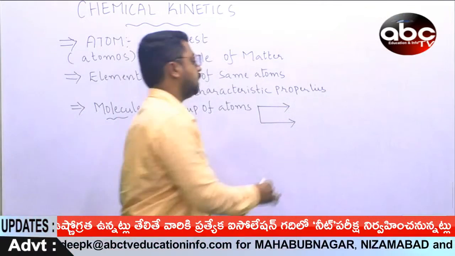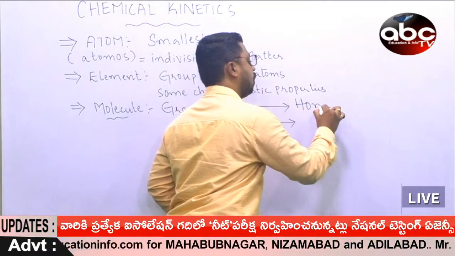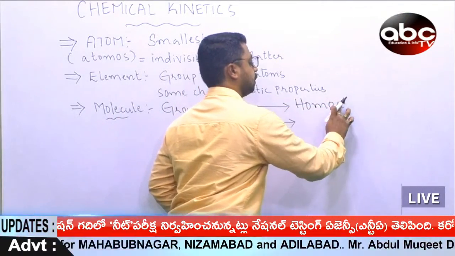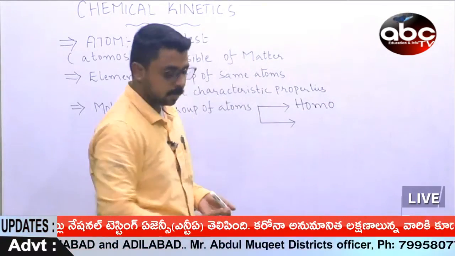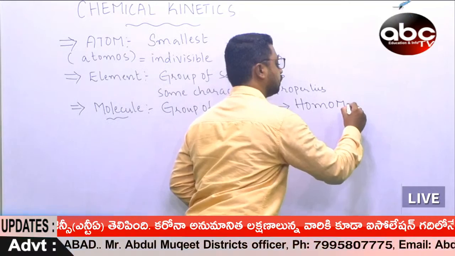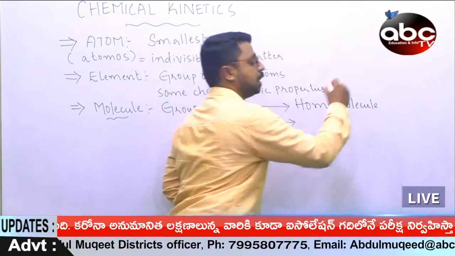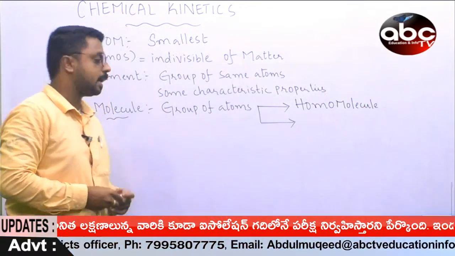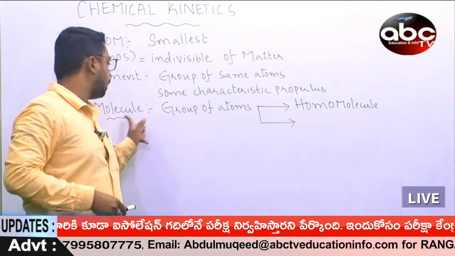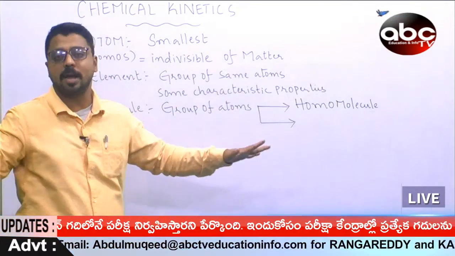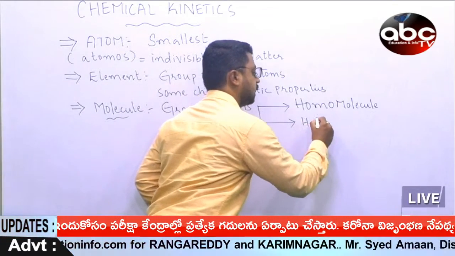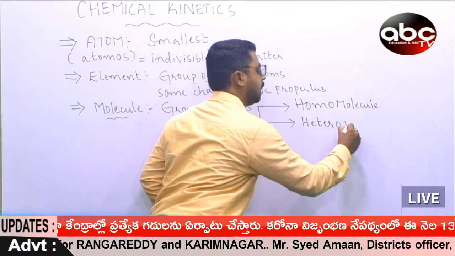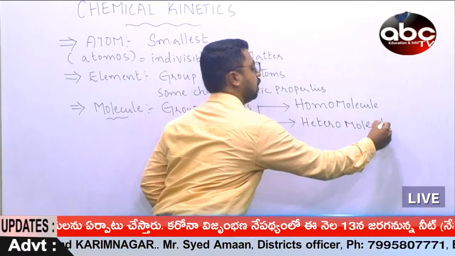The first one is referred to as a homomolecule, in which the molecule is formed with the same type of atom. Whereas the second type is called a heteromolecule.